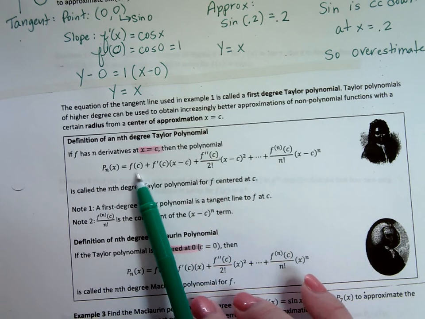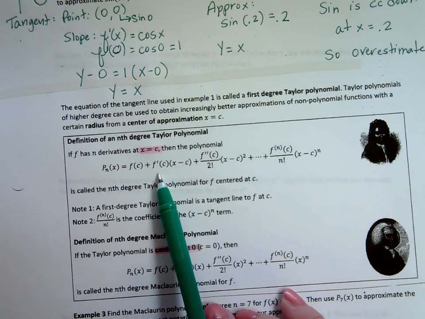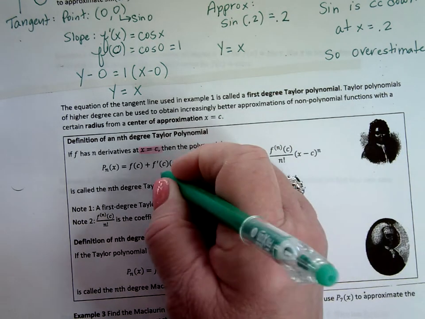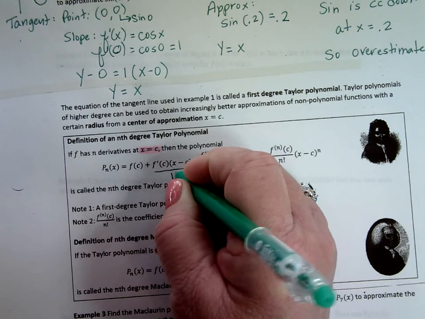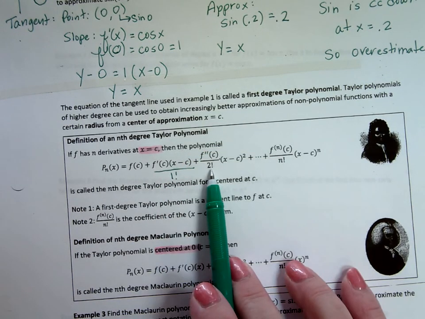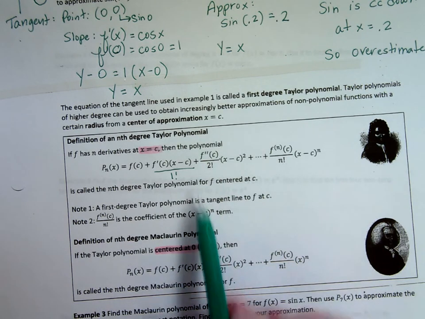You take the first coordinate, whatever that y coordinate is, and then you take the first derivative times x minus c. This one's technically over 1 factorial. We're getting factorials involved. The next one's going to be a 2 factorial denominator, the next one a 3 factorial denominator, and you're going to keep taking derivatives.